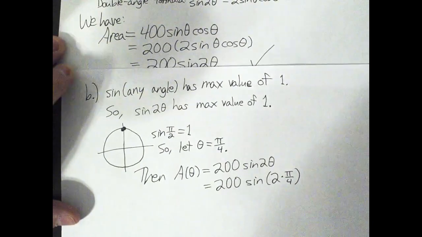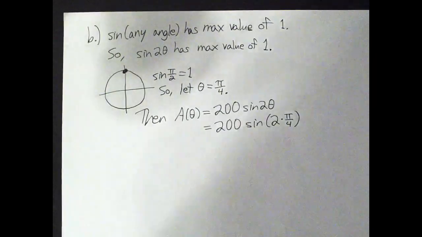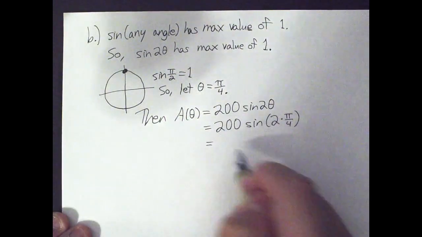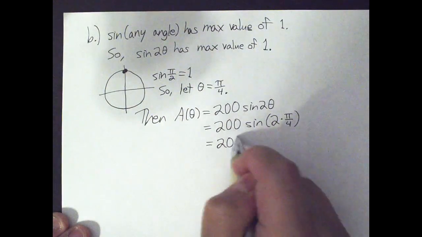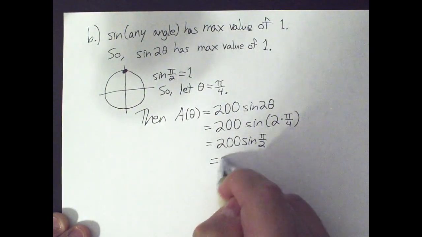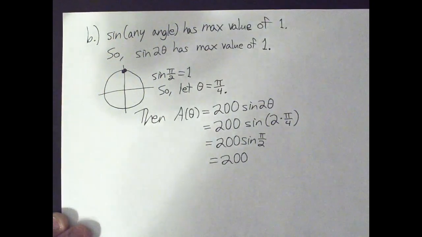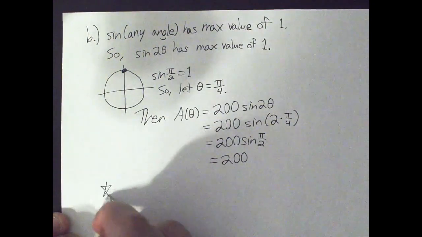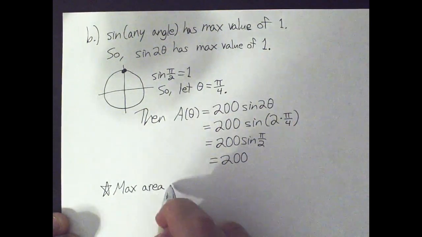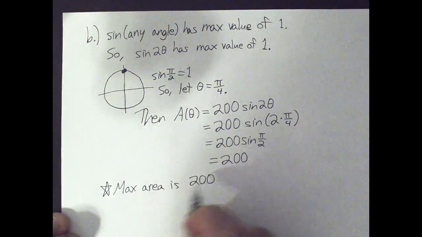Let's move the old page. That equals 200 times sine of pi over 2, which equals 200. So to answer the question, the max area is 200.